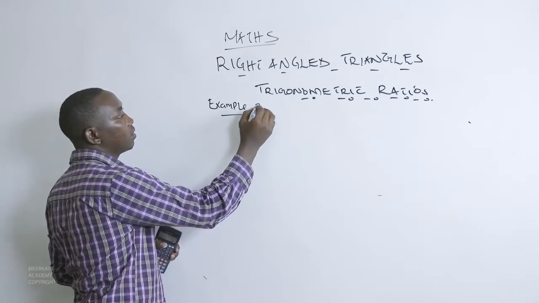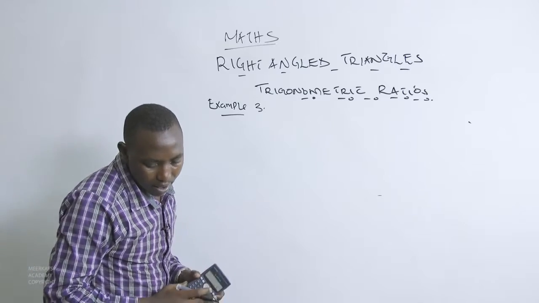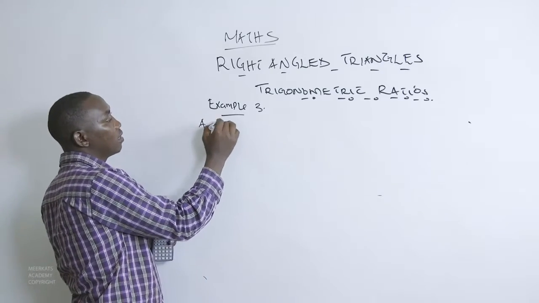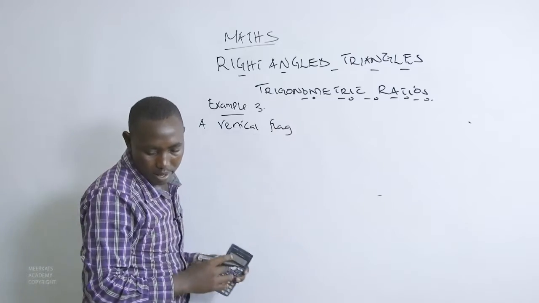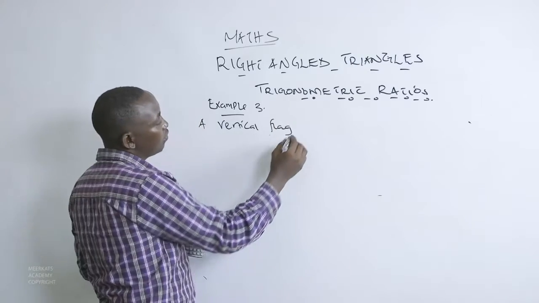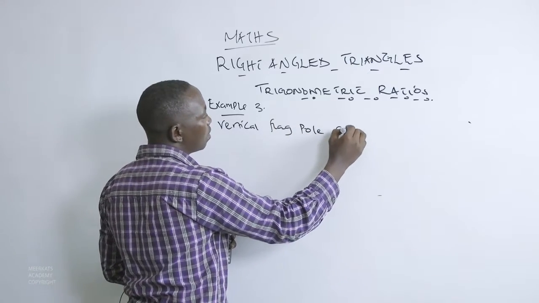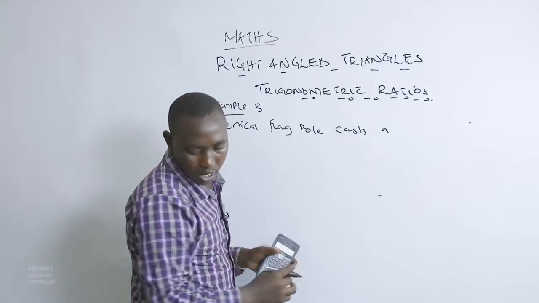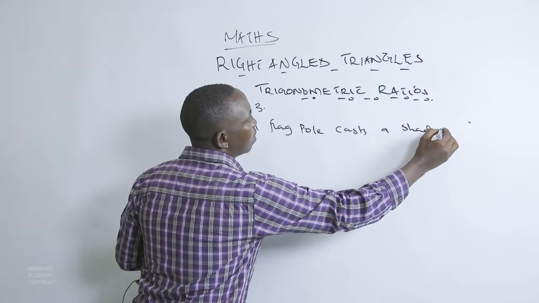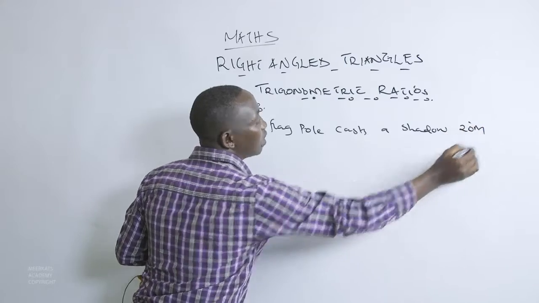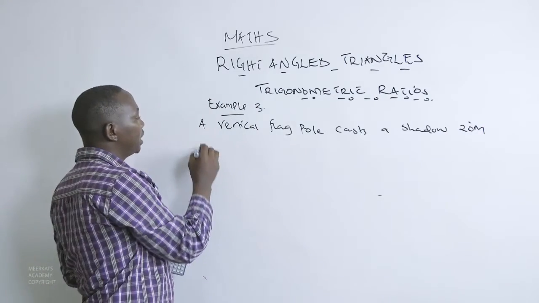Example 3. A vertical flagpole casts a shadow that is 20 meters long.